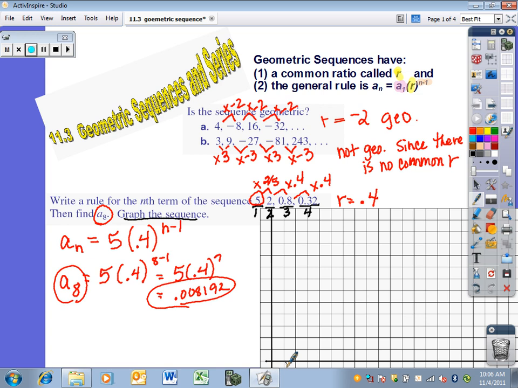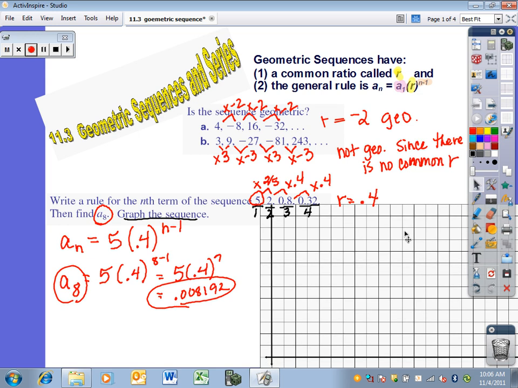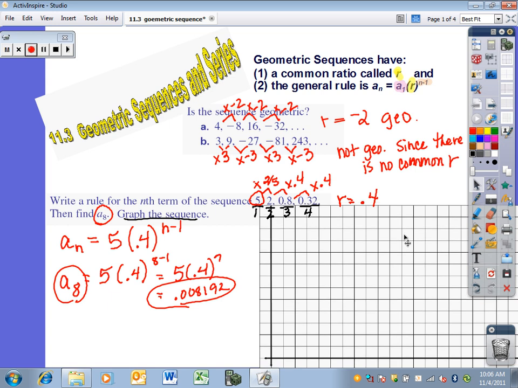So my x's, I can go by ones: 1, 2, 3, 4, 5, etc. But on my y's, let's do 1 every other one: 1, 2, 3, 4, 5.